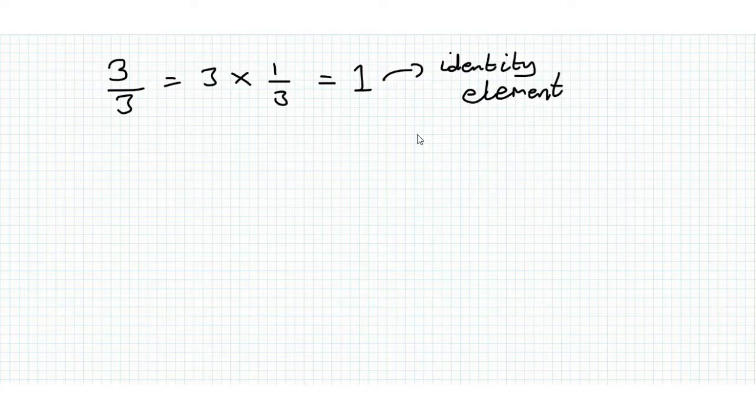Meaning, if you take n in Z, 1 multiplied by n is equal to n multiplied by 1 is equal to n. Okay?